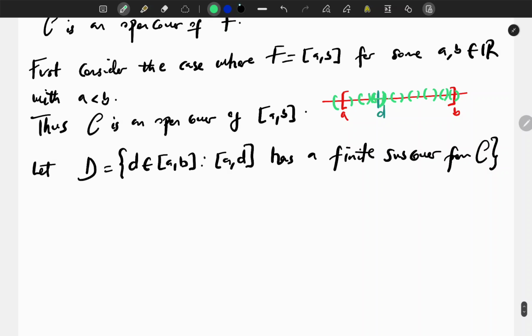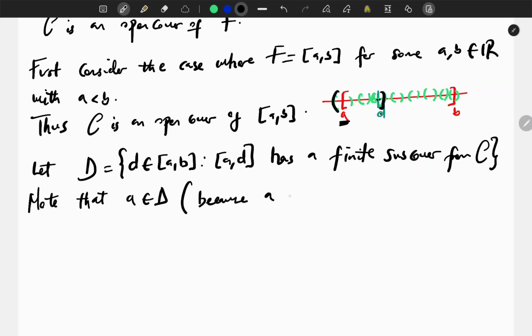So if we have D to be that, you will note that a is an element of D, just as we have defined. If D is here, then there's at least a finite subcover that is going to cover from here to here, so it will also include a. Why?